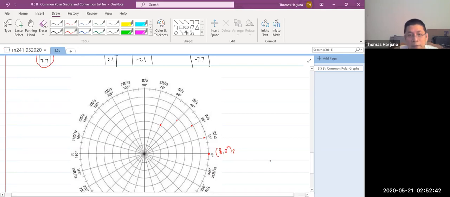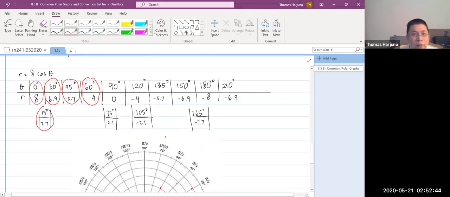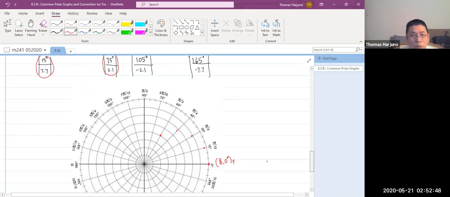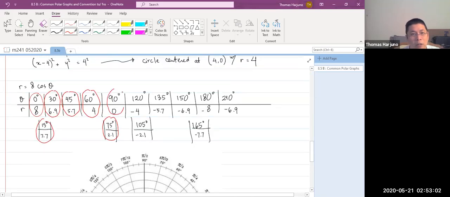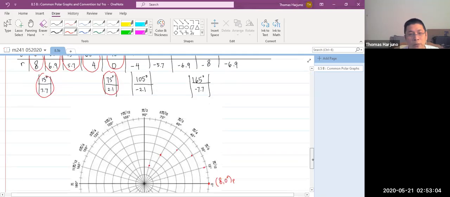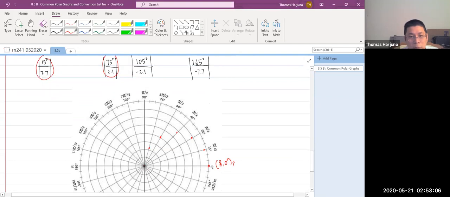At 75 degrees, that's 2.1. So a bit more than 2. At 90 degrees, that's 0, at the origin, right?